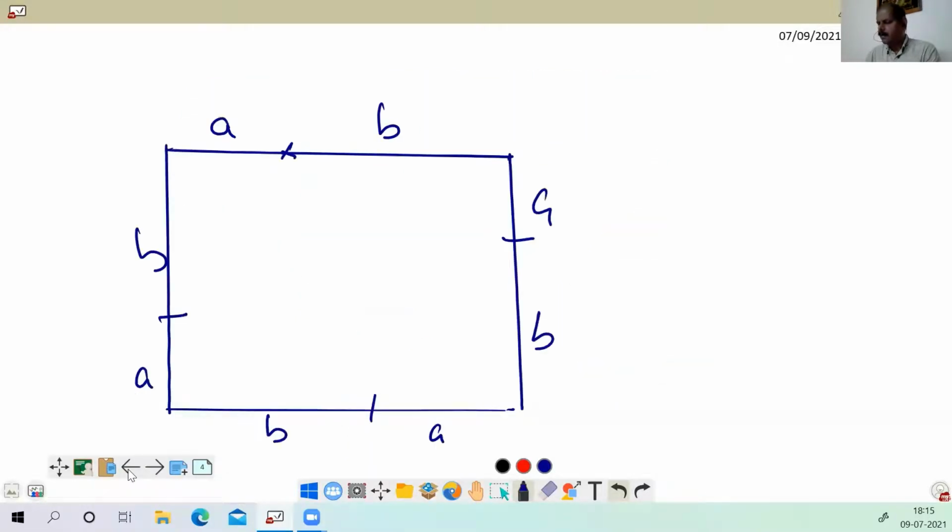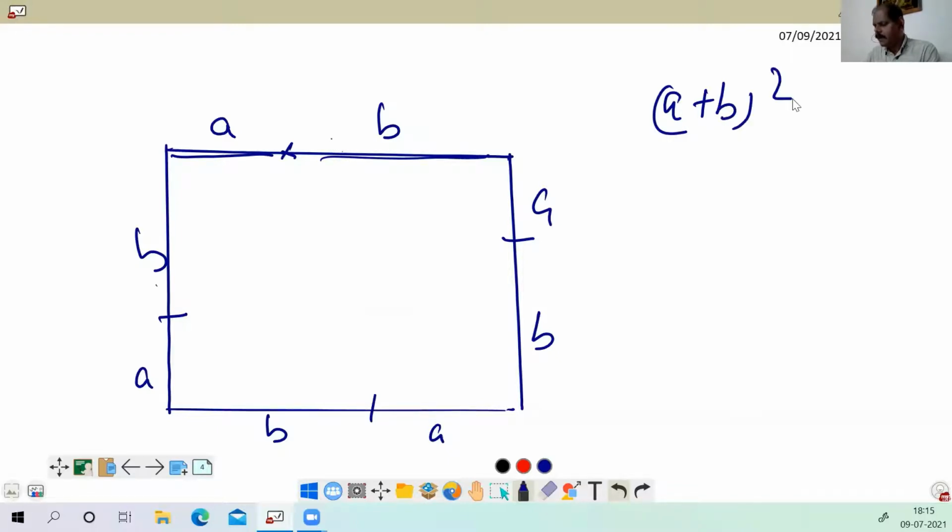So now previously we had constructed a square with the side A plus B. So the area of this square will be A plus B the whole square. Side A plus B, this side is also A plus B. Therefore, area is equal to A plus B the whole square.